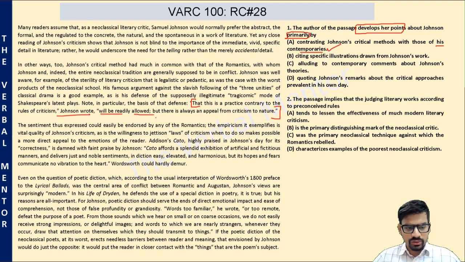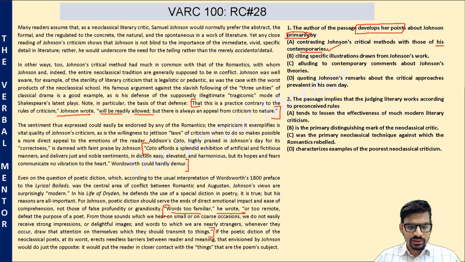So this is one illustration. In the second paragraph, again about Cato, Addison's Cato, what did Johnson think about this work? The author again cites from his work, right? And in the last paragraph, again, he mentions what Johnson thought of poetry as well.